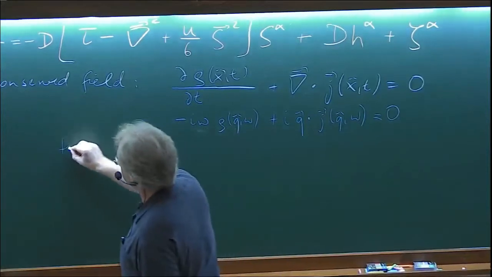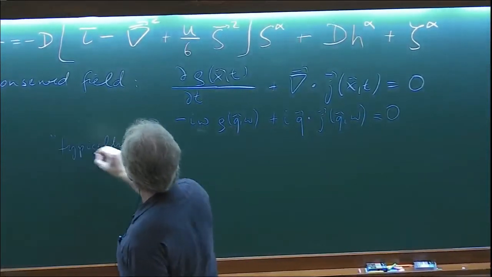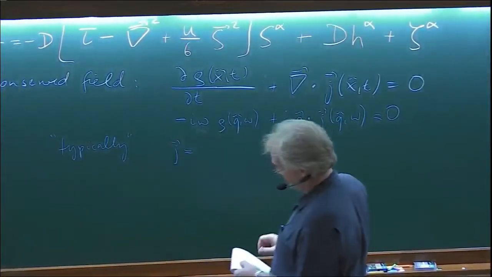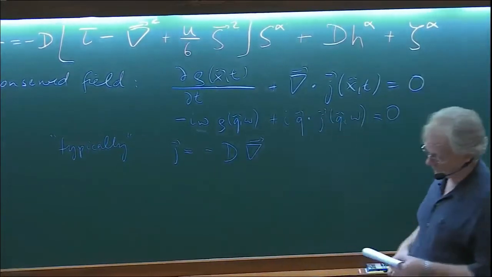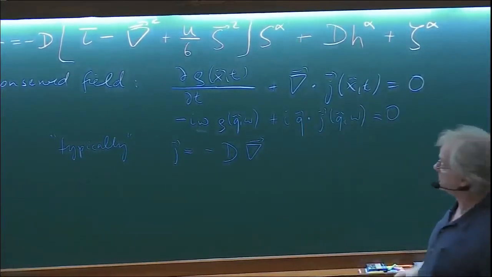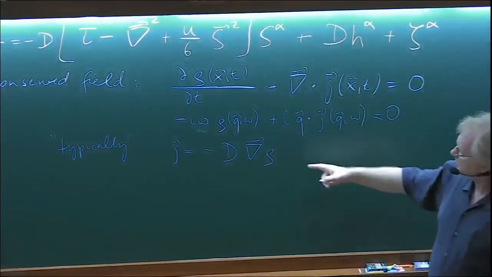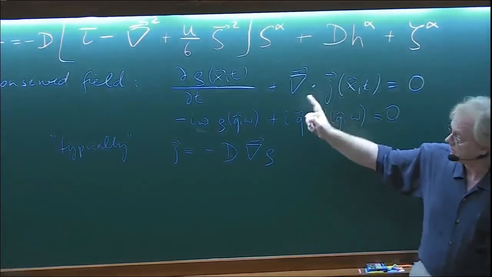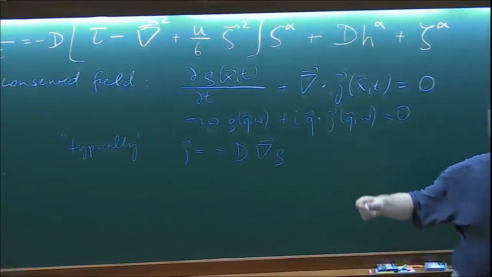Typically, these currents are given in terms of some relaxation rate and the gradient of maybe dh by d rho or something, in the simplest case just by rho. In that case, you can plug this back into here and you see you end up with a diffusion equation. d rho by dt is going to be equal to D times the Laplacian of rho.